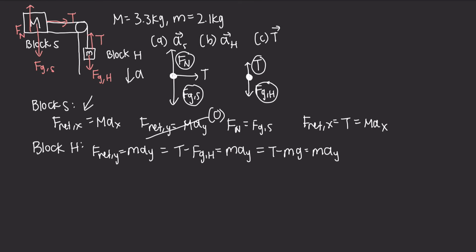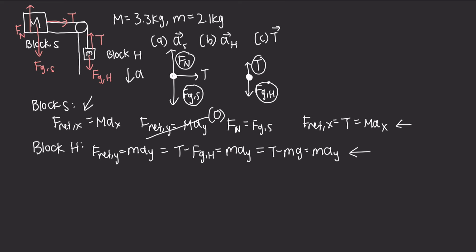And note that these two equations are simultaneous equations with the same two unknowns, tension and acceleration. And because these two blocks are connected together, their accelerations will be the same.